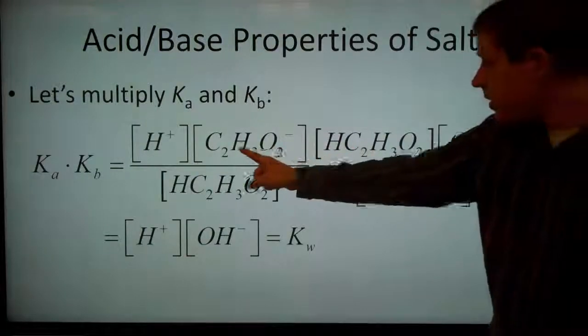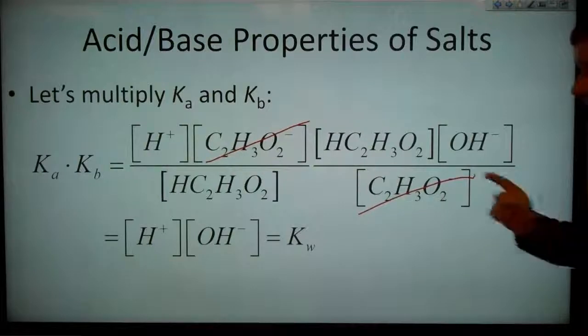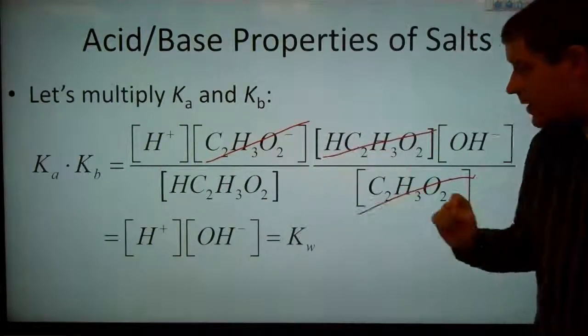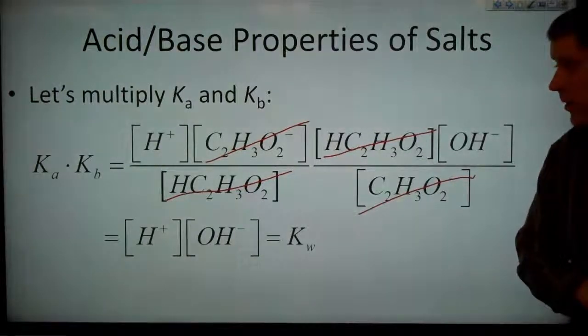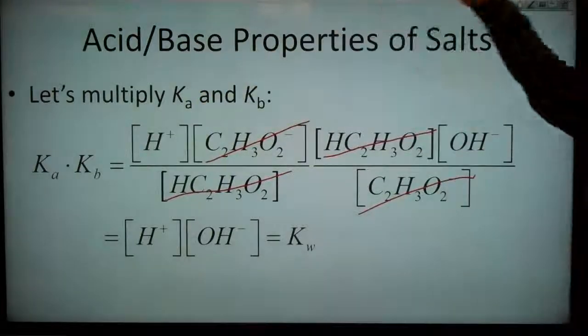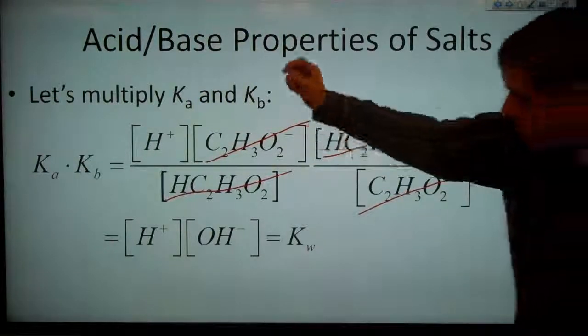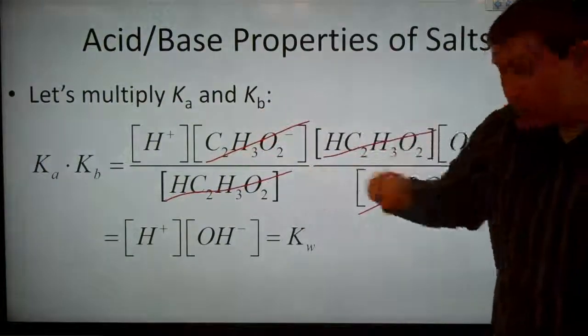Well, you notice that here we have an acetate, and that's going to cancel with this acetate. And here we have an acetic acid, and that's going to cancel with the acetic acid there. And now we have nothing in our denominator, and in our numerator we have hydrogen ion and hydroxide ion. Hydrogen ion concentration times hydroxide ion concentration, that's Kw.